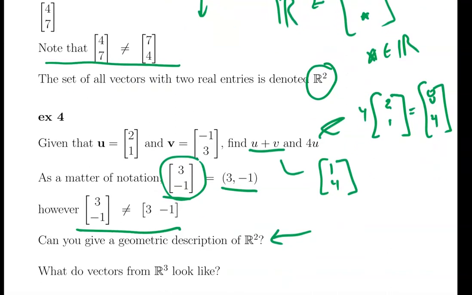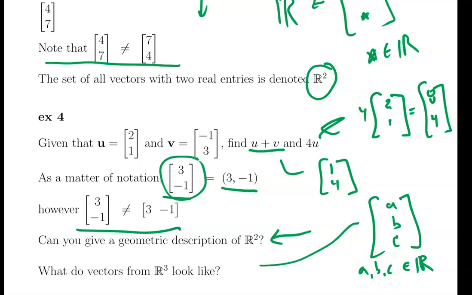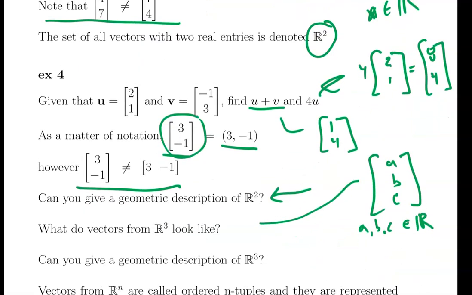What do vectors from R3 look like? Well, R3, the 3 means there are three entries: a, b, c, where a, b, and c are all real numbers. So what's the geometric description then of R3? Well, instead of points in the plane, you can think about it as points in 3D space.